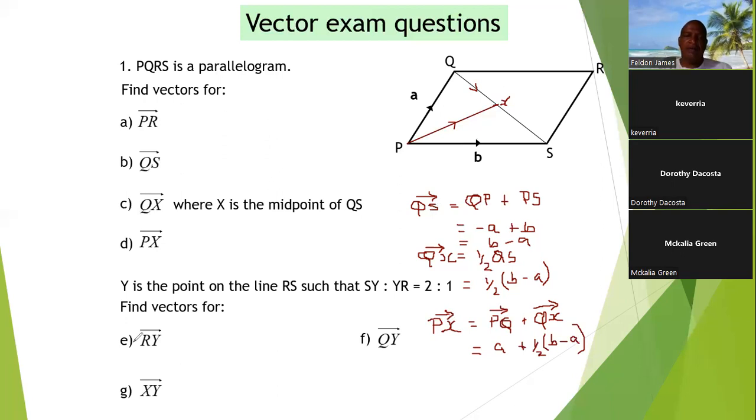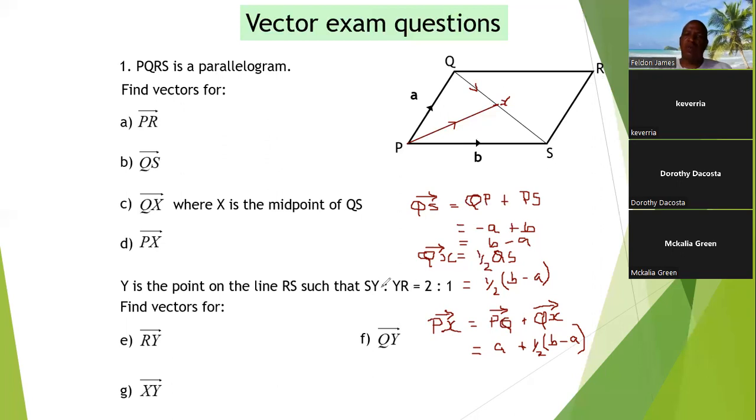All right, so here we have down here, we have now find RY and XY. Now RY, they tell you that Y is the point on the line such that SY and YR are in the ratio of 2 to 1. So it means that Y is going to be somewhere here, but it is 2 to 1.